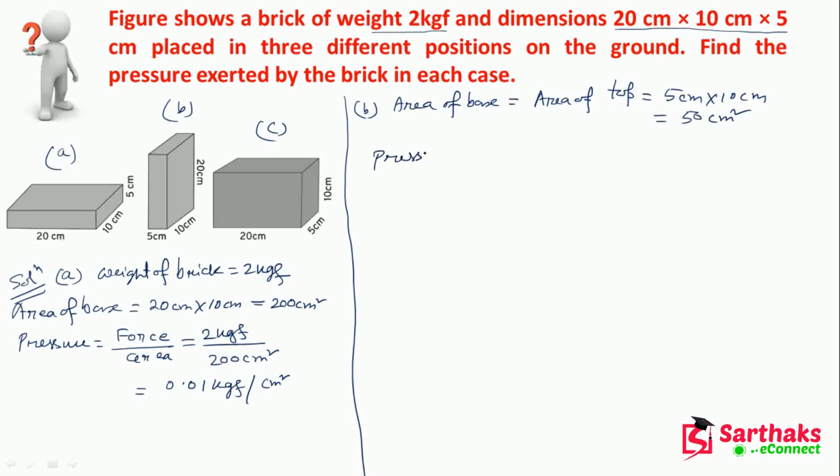So pressure equals force divided by area. Force is already 2 kgf and area here is 50 centimeter square. So it will be 0.04 kgf per centimeter square. Okay.